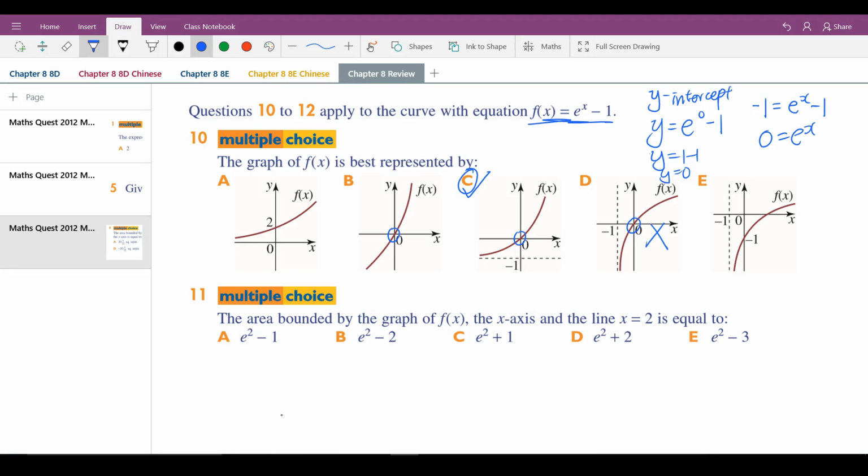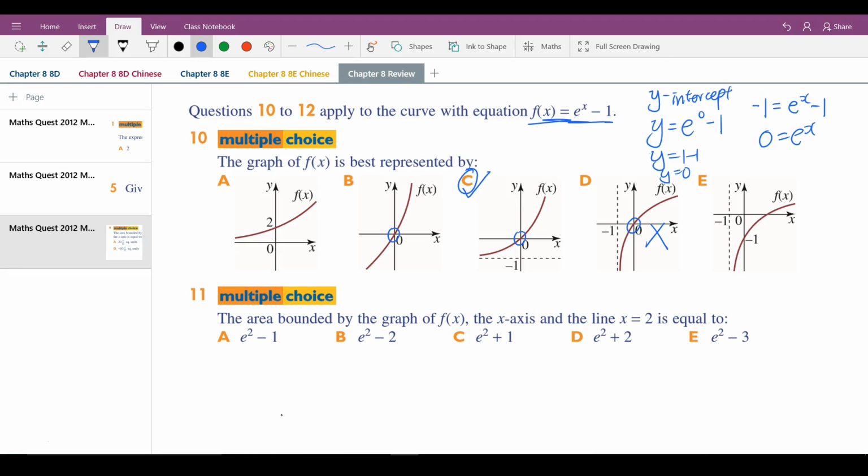So that's how you look at the graph and determine which graph it is. First, you have to know the nature of the graph. At least you have to know what it looks like. When you see an exponential function, or Euler's equation, you know it's going to increase exponentially, going from positive to infinity.